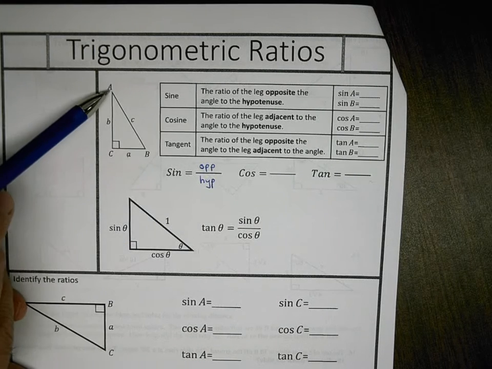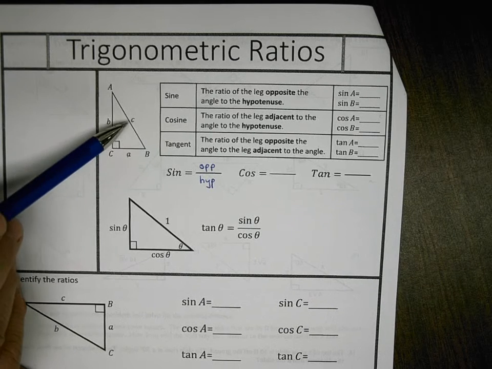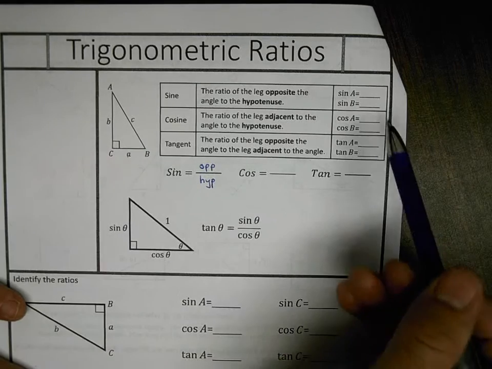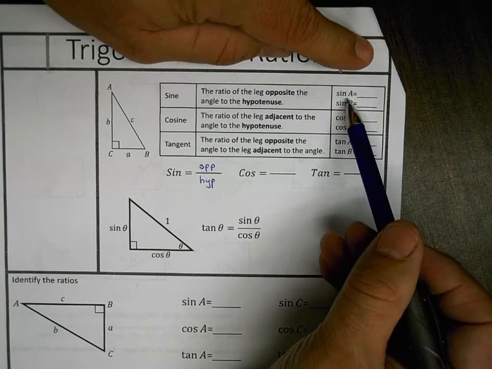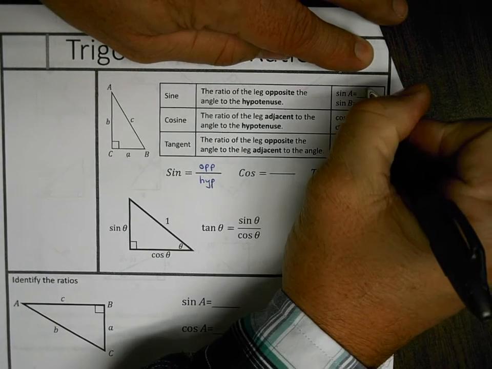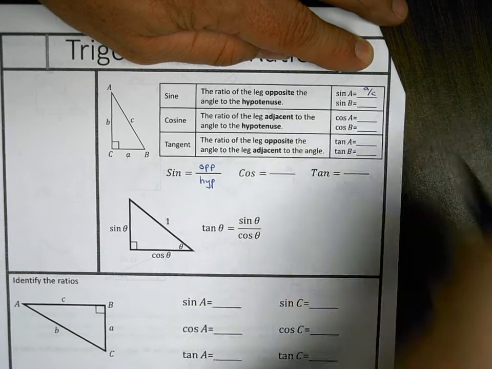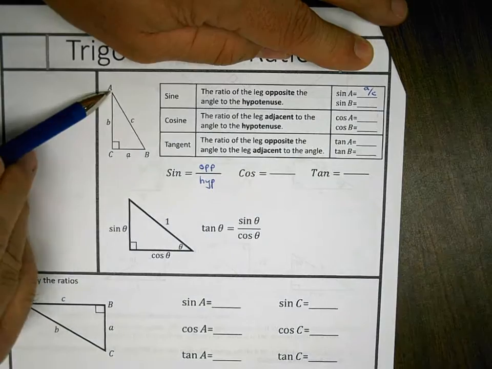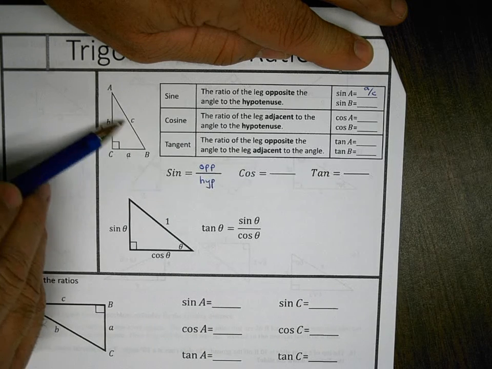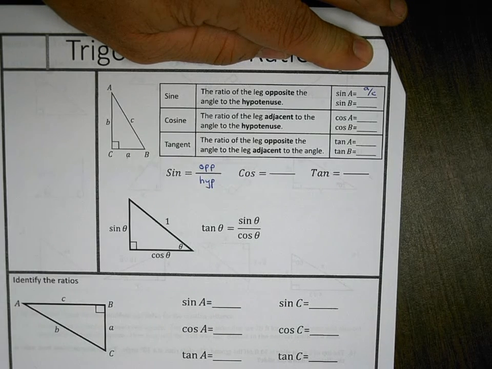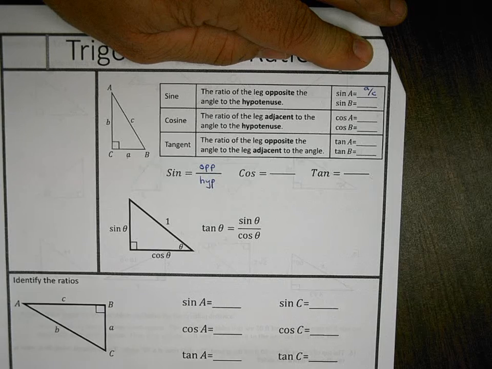The sine of angle A is side A over C. So sine of angle A is equal to the ratio of A over C, opposite over hypotenuse. Does that make sense?